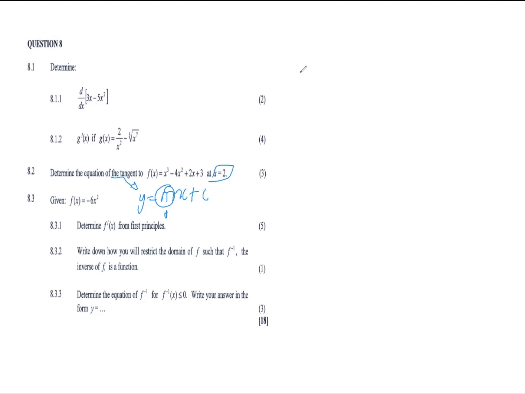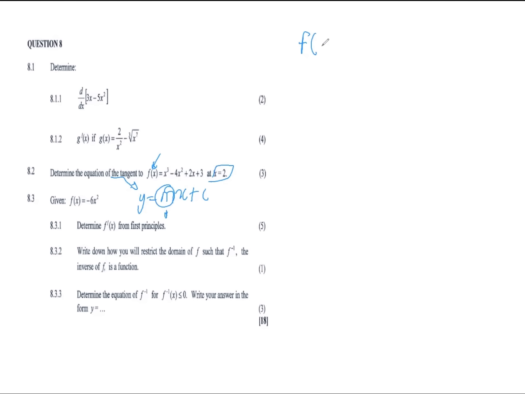So the first thing that we can do now is let's find the coordinates, right? At x equals 2, the tangent and the graph of f of x would have a point of intersection. Where the tangent is, it will meet with the graph of f, meaning at that point they will share the same coordinates.